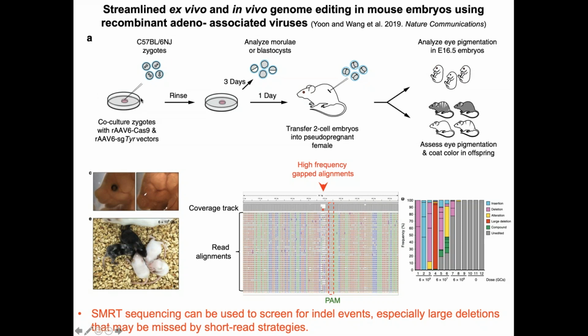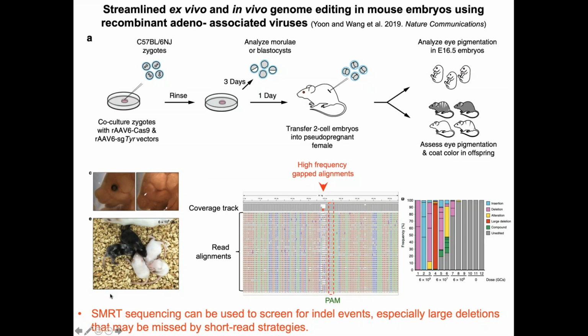But what we're able to show is that all you need is to isolate early zygotes and then bathe them in AAVs that have packaged CRISPR-Cas9 components. Wait a few days until they're at the stage of morula or blastocyst, and then transplant them back into pseudopregnant females. Under our platform, which is targeting the tyrosinemia gene, we can then assess the loss of coat color or eye pigmentation to gauge the presence of positive gene editing events.